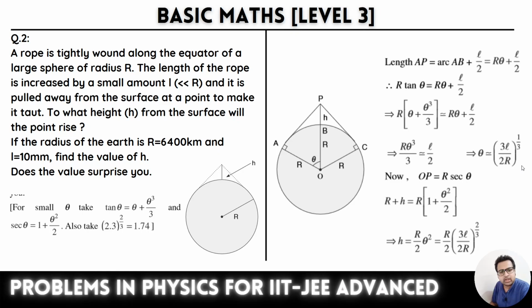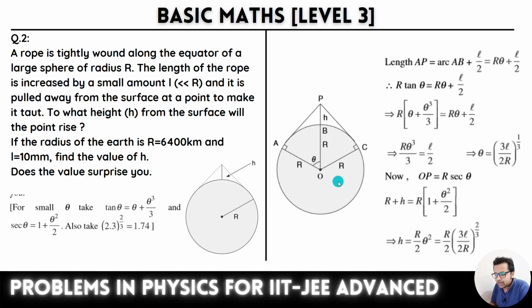So see, we got the theta. We have to calculate small h. So now let us consider this OP. If you look, this OP is R plus H, and definitely in the triangle OP is R sec theta.